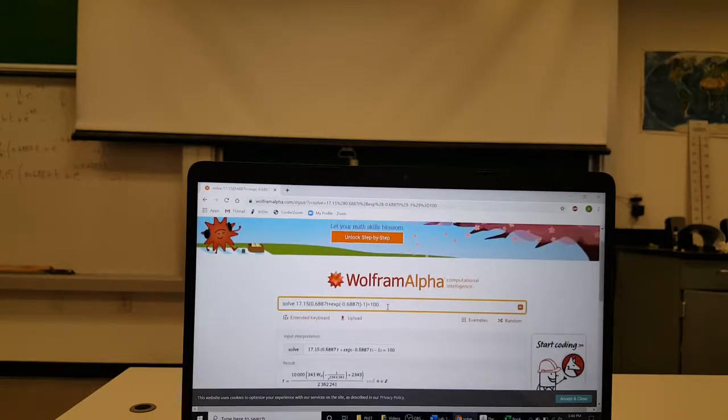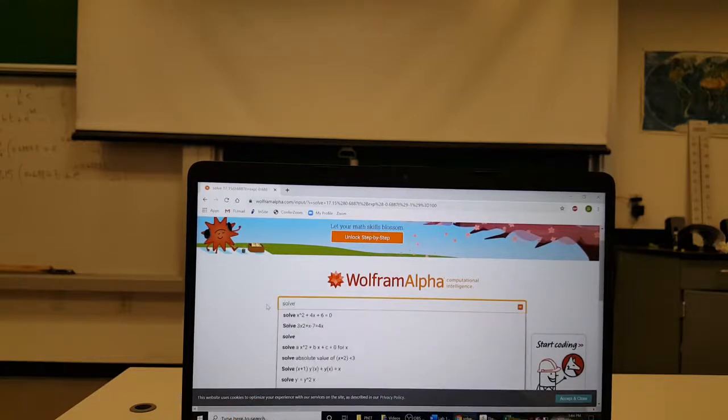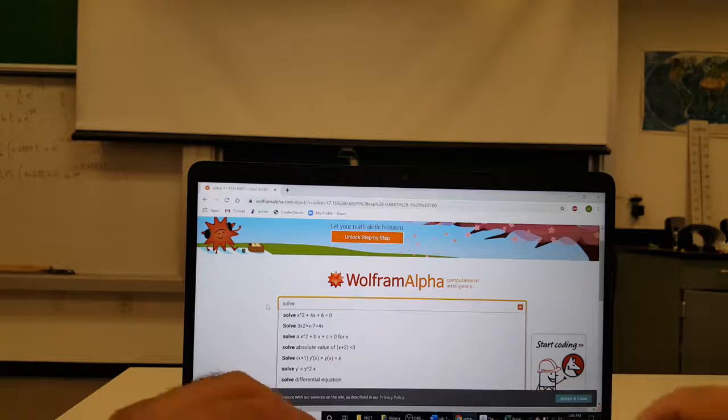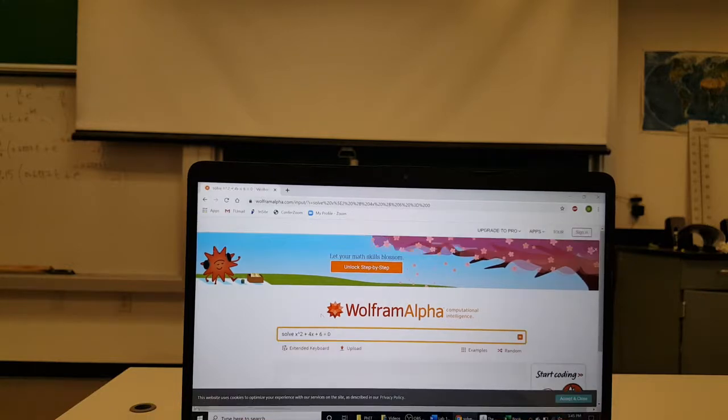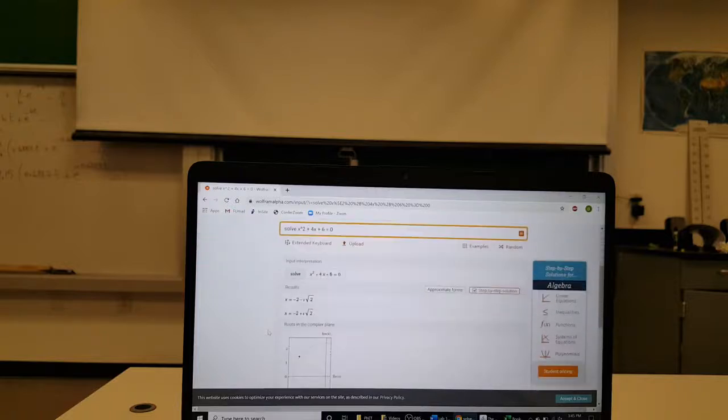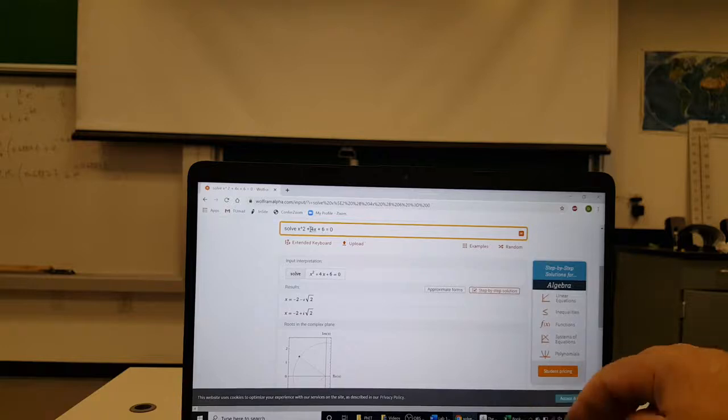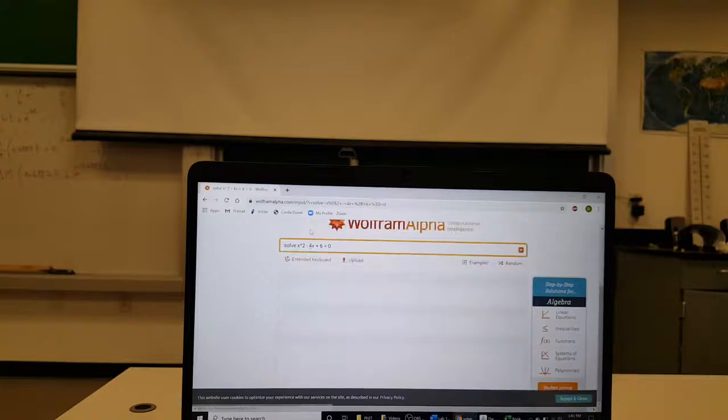By the way, you can use this to solve pretty much anything. Solve, for example, a quadratic equation. Let's say I have this quadratic equation here, and I want to solve for x. It gives me some complex numbers. Let me try to get something that's not complex. Let me change the sign here. Maybe it will give me some real numbers.